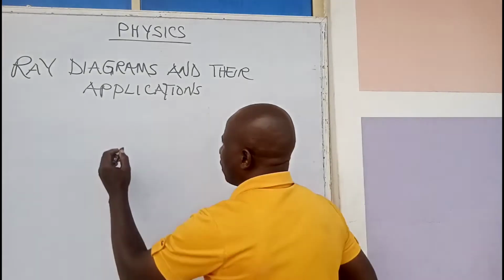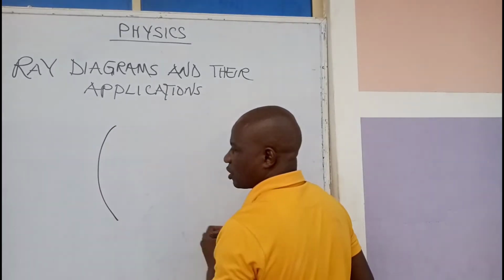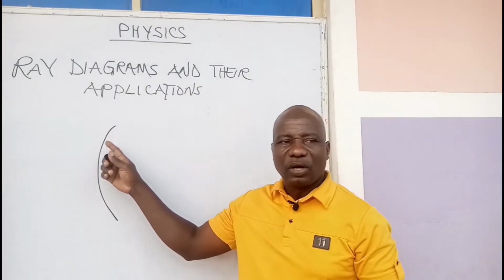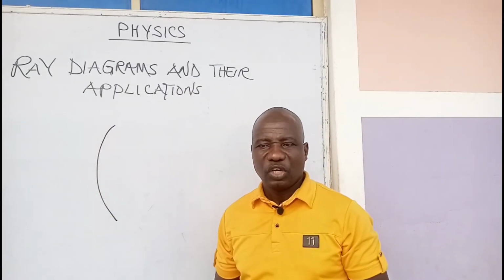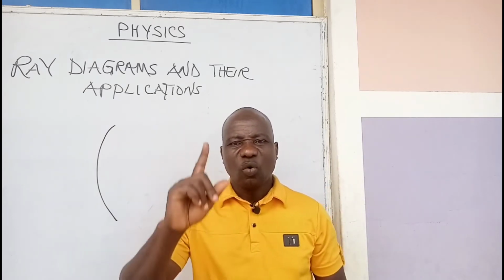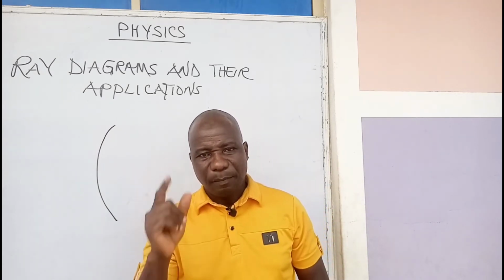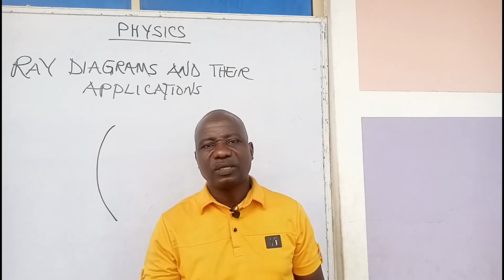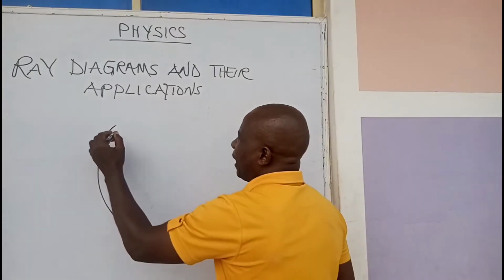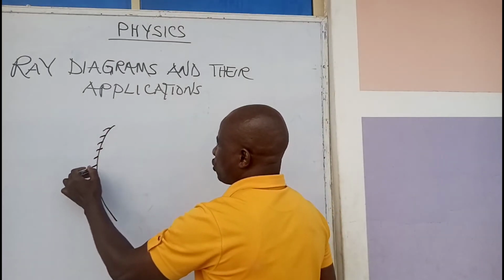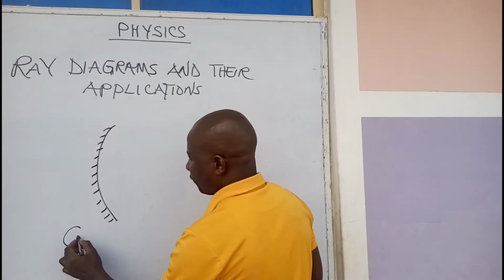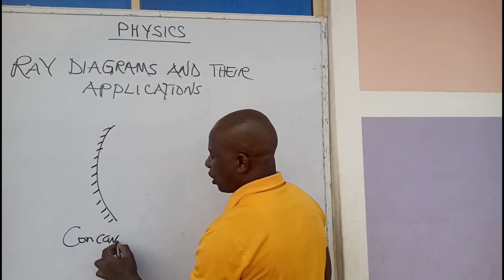Now, let's see if I draw something like this. Of course, you cannot say whether this is a concave or a convex, because the characteristic of a mirror is that it has one of its sides painted and the other side is left for reflection. Now, if I paint the outward, I paint it this way. Of course, this is a concave mirror.